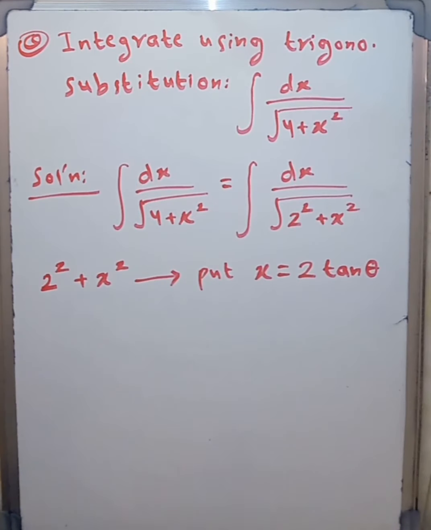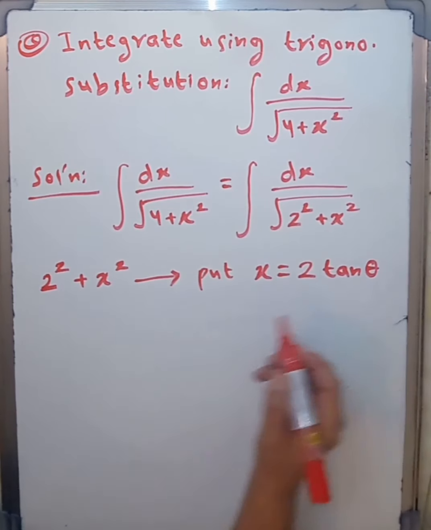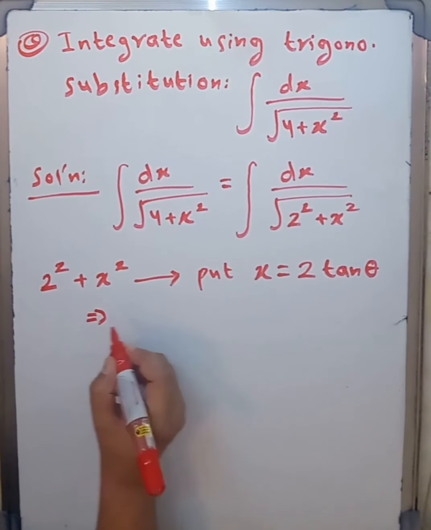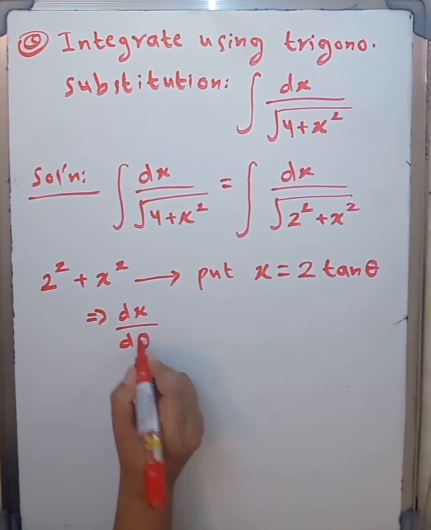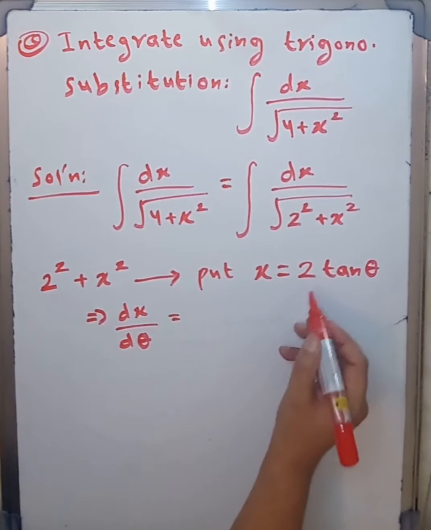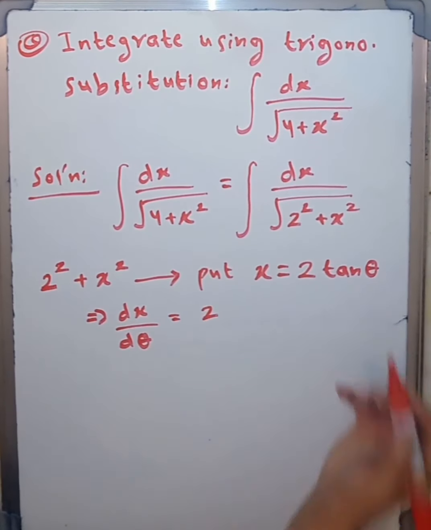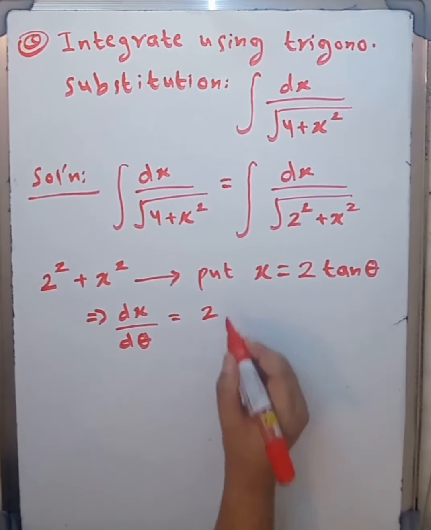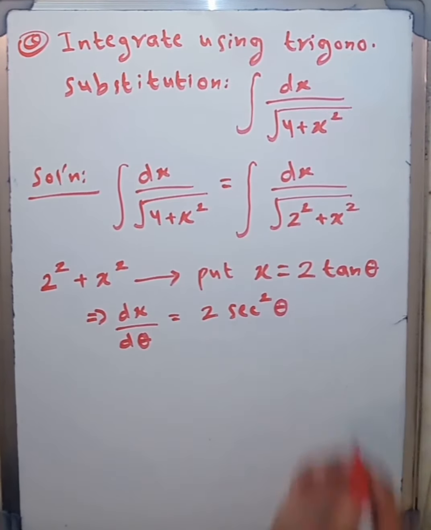In this case, x is a function of theta, and hence we can differentiate x with respect to theta, and this will give us 2, and differentiation of tan theta with respect to theta is secant square theta.